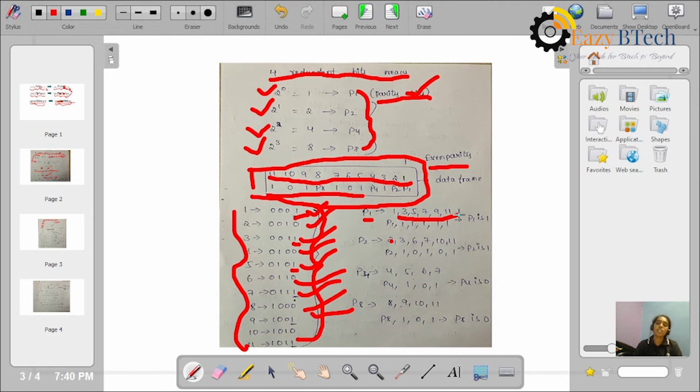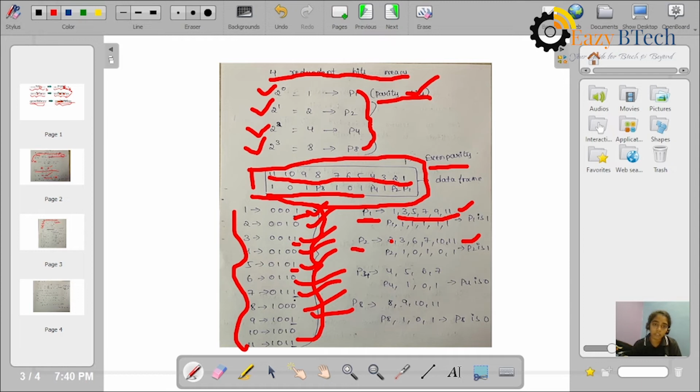So these numbers have a one in the first position. P1 means the first position ones. Next P2. P2 means the second position ones we have to write: 2, 3, 6, 7, 10, 11.